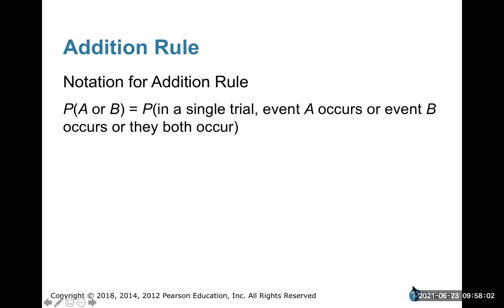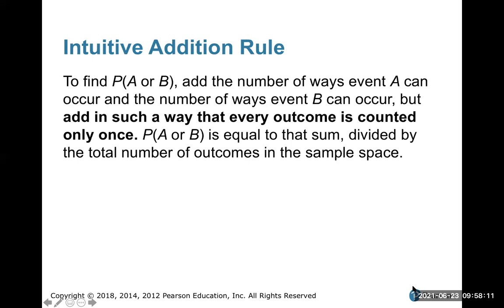Comprehending the situation. The notation of the addition rule is P of A or B. The probability of A or B is event A happening or B happening, but counting the things that overlap only once.